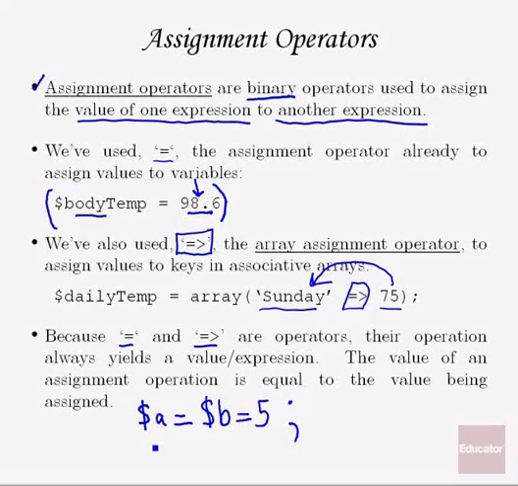With assignment operators, PHP evaluates the one on the right first. So PHP is going to take this operation, assign the value 5 to the variable b, and the value that that expression yields, which for the assignment operator is the value being assigned, 5, is then assigned to a. That makes sense, but it's essentially as if we had written it like this.